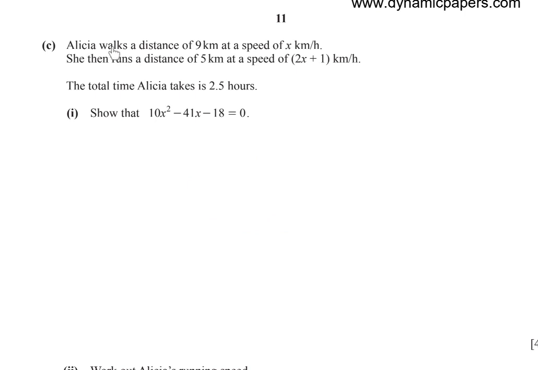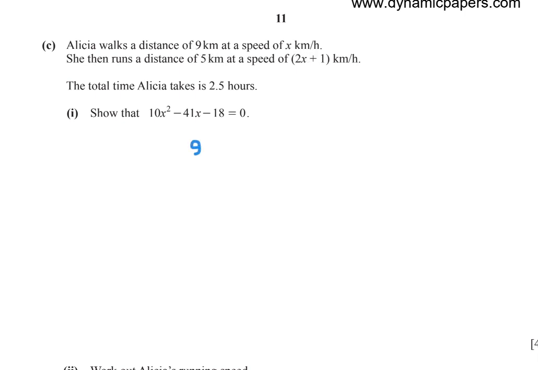C. Alicia walks a distance of 9 kilometers at speed x kilometers per hour. She then runs a distance of 5 kilometers at speed 2x plus 1 kilometers per hour. The total time Alicia takes is 2.5 hours. Show that 10x squared minus 41x minus 18 equals 0. To find the time for the first journey, you need to divide the distance by the speed.